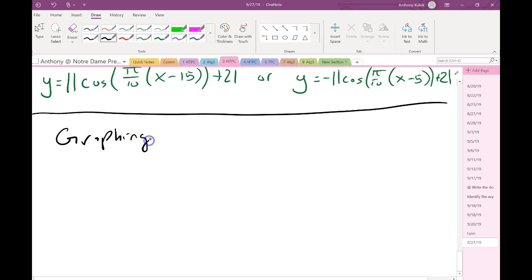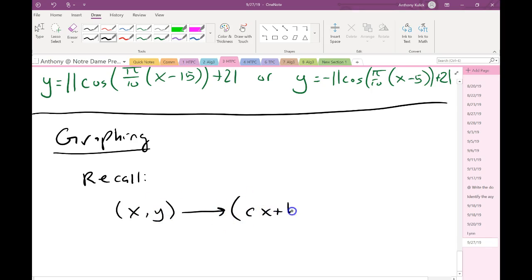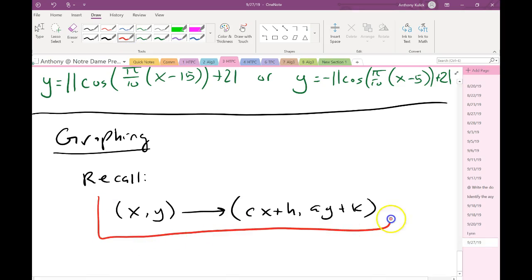So I want to talk a bit about graphing now. What I want to just kind of jog our memory on is this transformation map. This is going to be the key to doing the graphing for these sine and cosine functions.